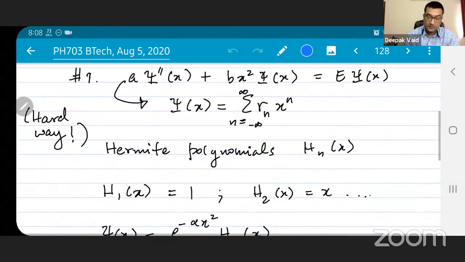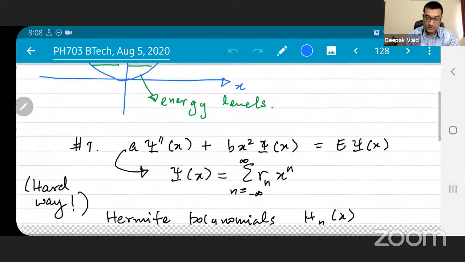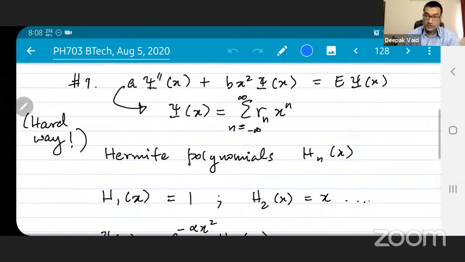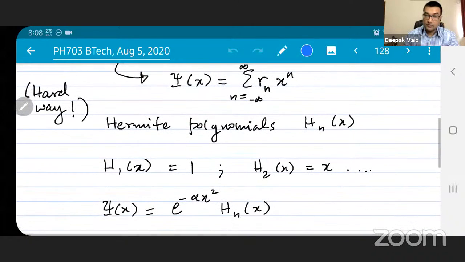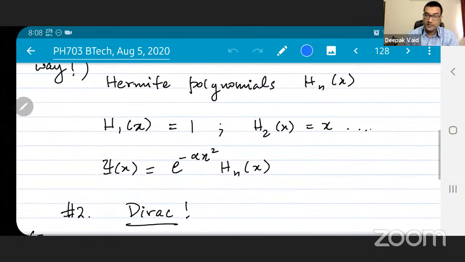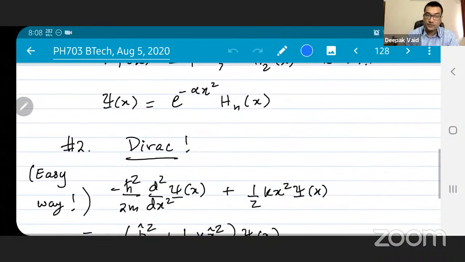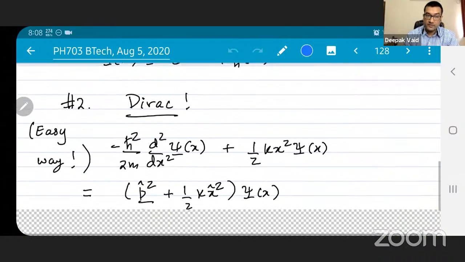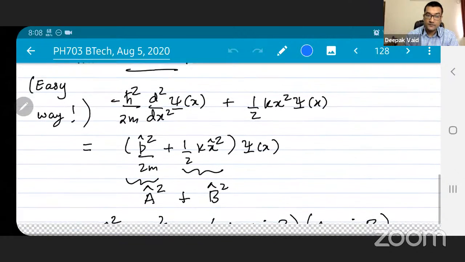Then the different ways to solve this differential equation. One way is to do it using series expansions. The other way is an operator-based method due to Dirac.